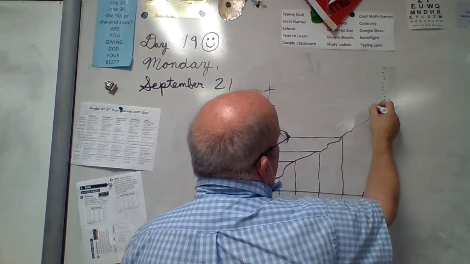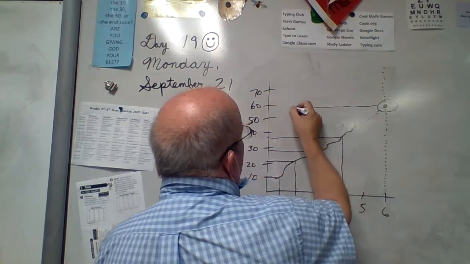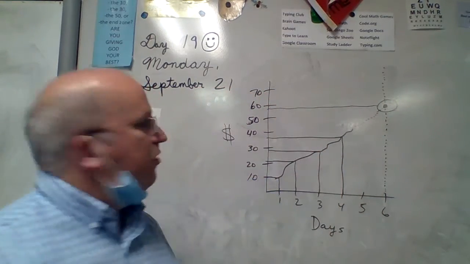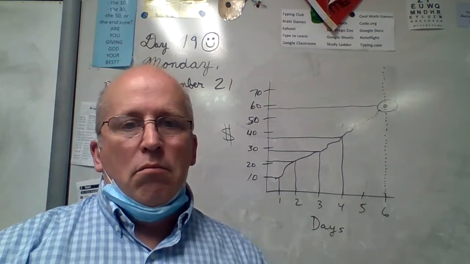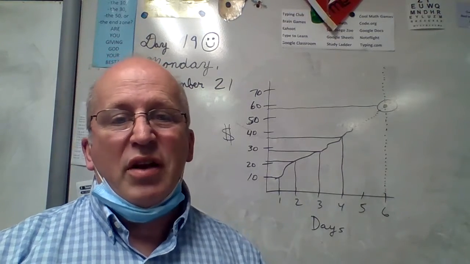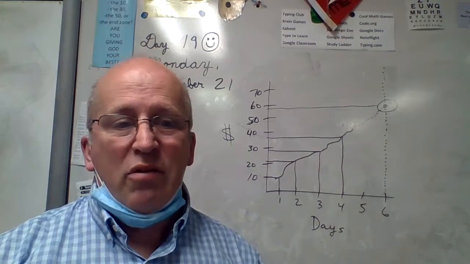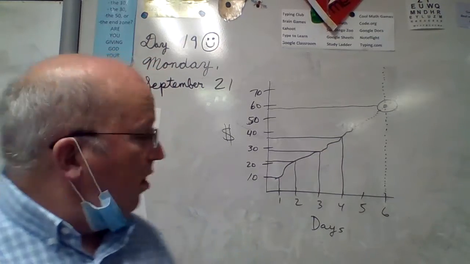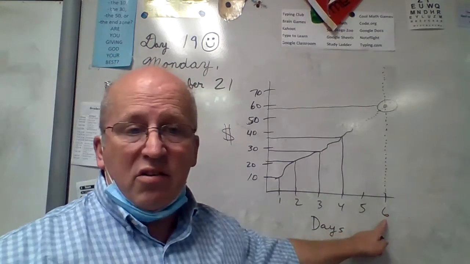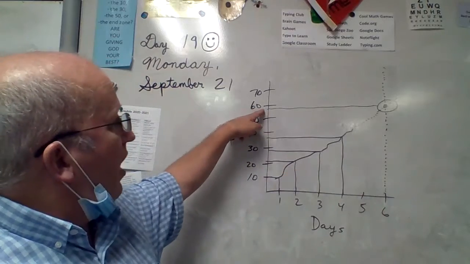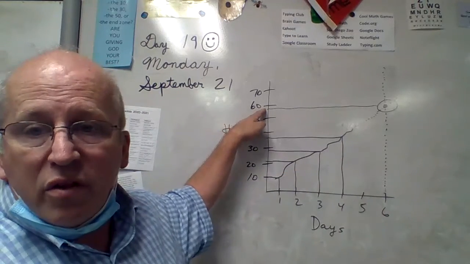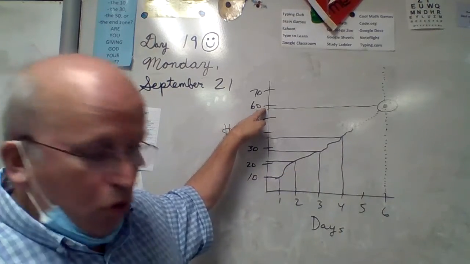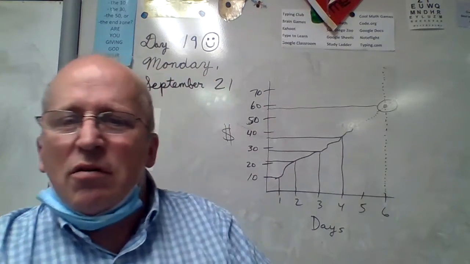If I take that straight across as best as I can, what value is there? I'd say it's about 58 or 59 or 57, somewhere in that range. So somebody could say that I predict that on day 6, the person's going to have about $58 in their pocket from doing chores. And that's kind of what this lesson's about.